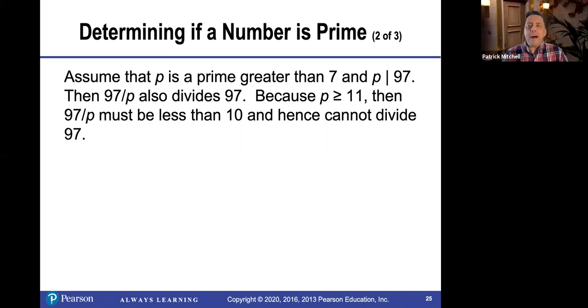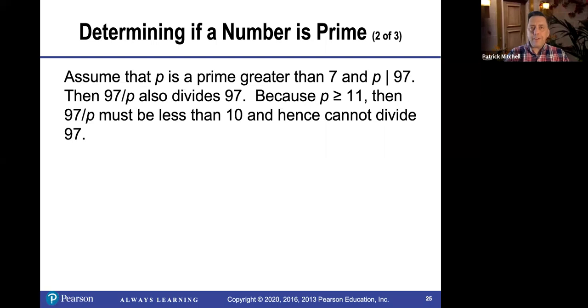So if P divides 97, then so does 97 divided by P. And because P is greater than or equal to 11, remember P is a prime greater than 7, so that means it has to be at least 11. Then 97 divided by P must be less than 10. And hence cannot divide 97 because we already checked all the prime numbers less than 10, okay?